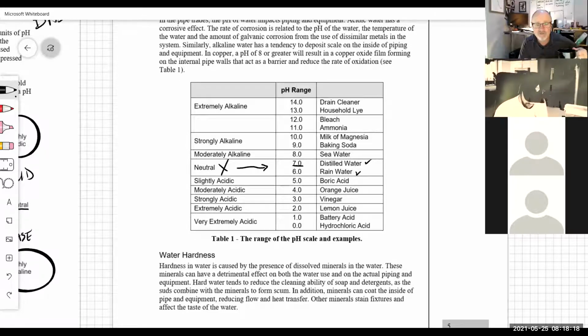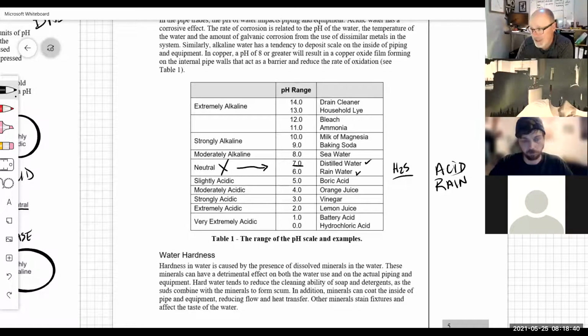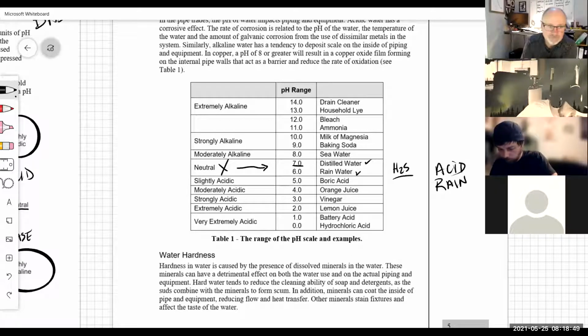And if you have a lot of H2S gas up in the atmosphere, you're going to have acid rain, which is not good. And in the olden days when they burned just coal for energy, it produced acid rain. It was a big problem in Ontario and Quebec. It was killing off forests.